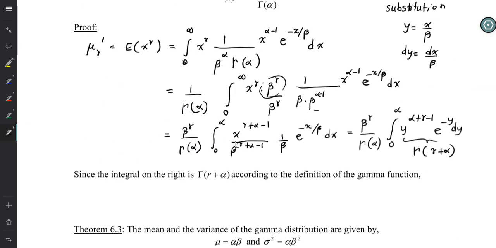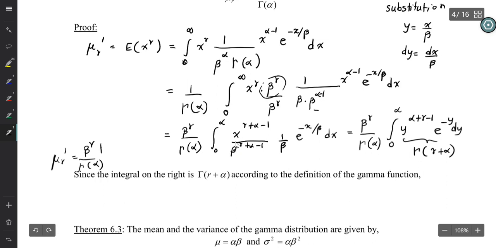From that, you'll see that this is exactly the gamma function at r plus alpha. Therefore, our mu r prime is beta to r, this is beta to r we have outside the integration, gamma alpha, and we have gamma at alpha plus r. So this is what we wanted to prove.